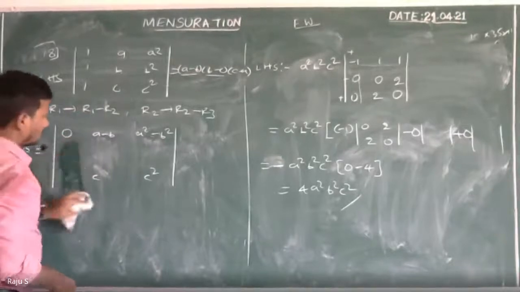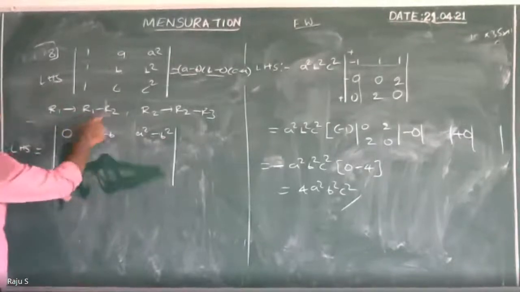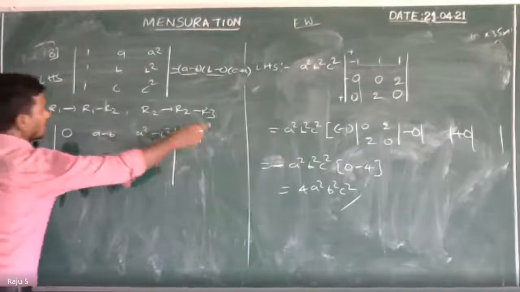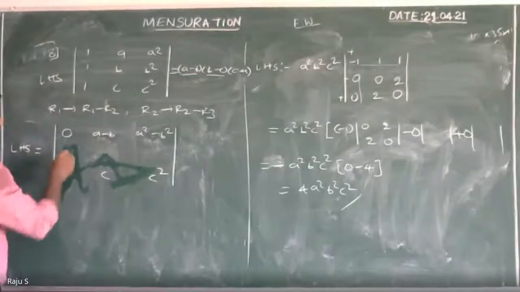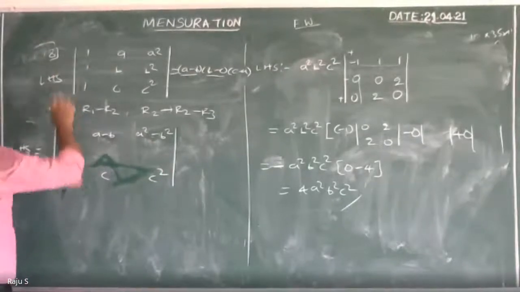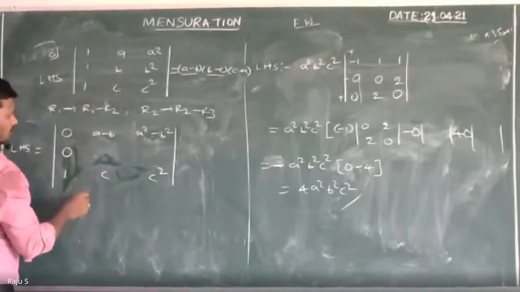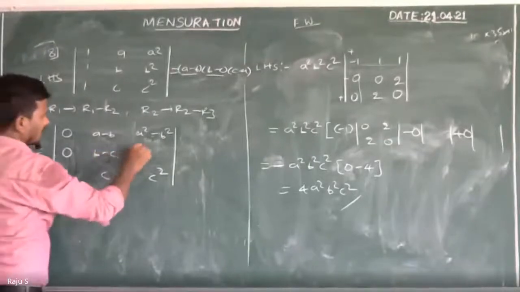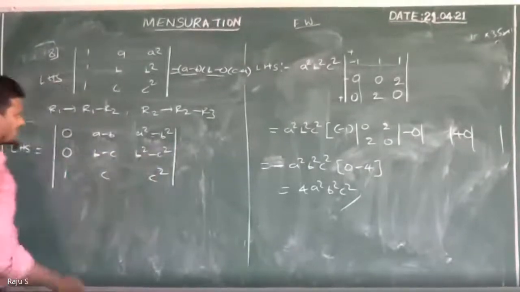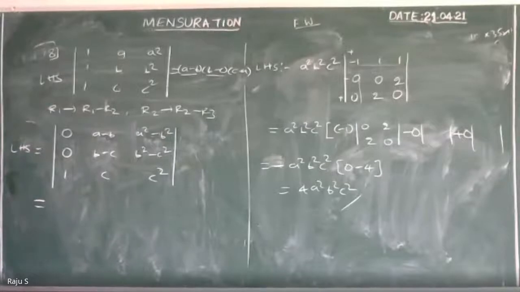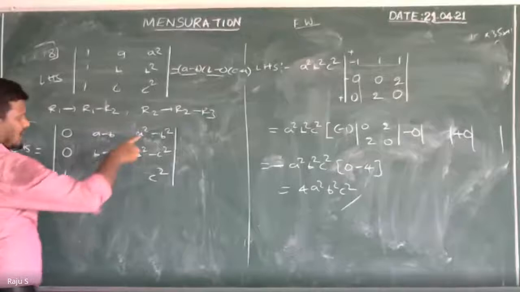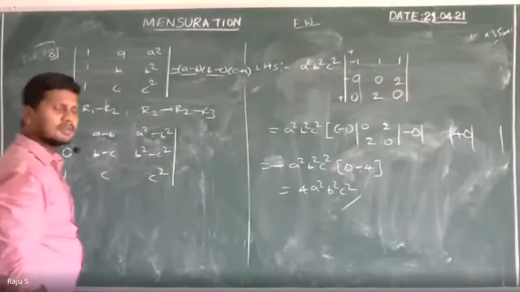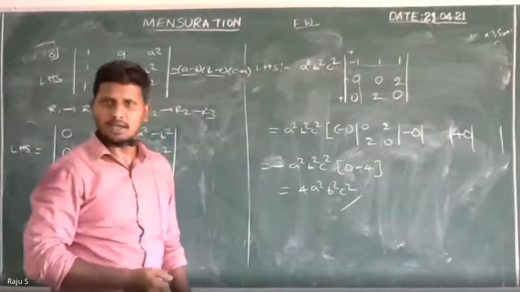Now, see, I applied the operation R1 minus R2, then R2 minus R3. R3 is the same: 1, C, C square. So here 0, 1 minus 1, and B minus C, B minus C, B square minus C square. Next, what to do? Is there anything common row wise in the first row? See, A square minus B square can be written as A minus B into A plus B. Am I right?